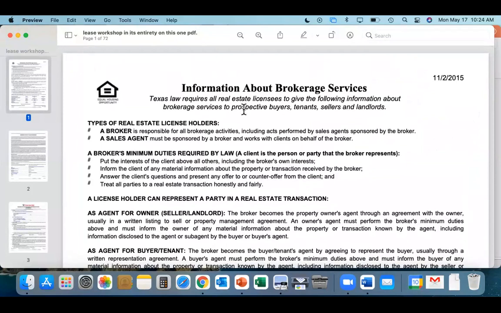Y'all can see my contracts up here and on Zoom. You guys are seeing the same thing.